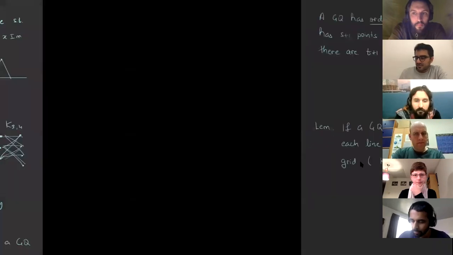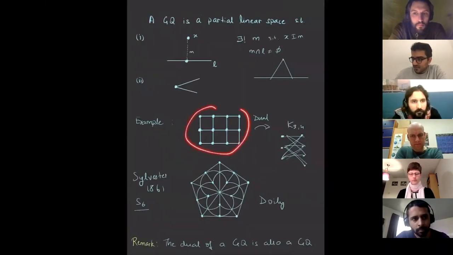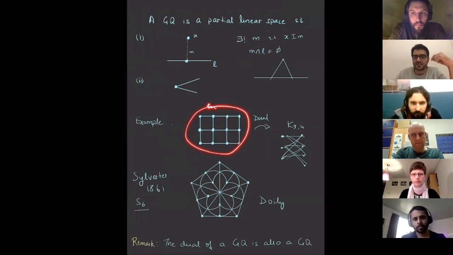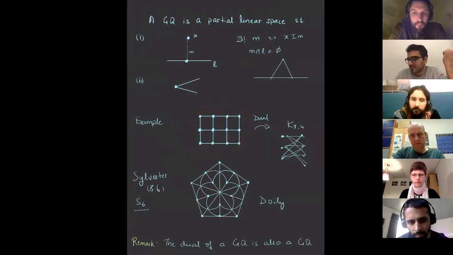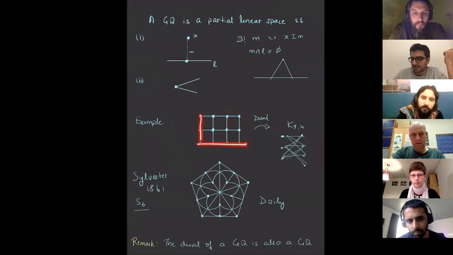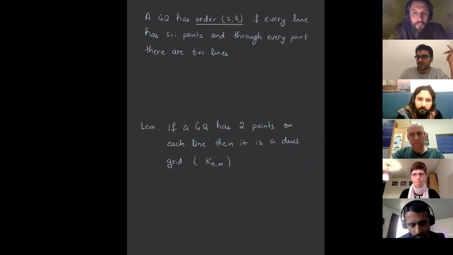And these examples here, this already tells you that unlike the case of projective planes, we can't expect an order n in the sense that every line has a constant number of points and through every point there's the same number of lines, right? Or in fact, even every line having a constant number of points is not the case because these lines have 4 points, these lines have 3 points. So we can't really expect that, but there is still structure.